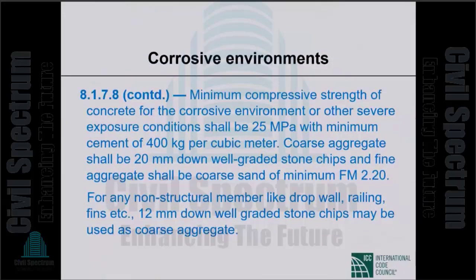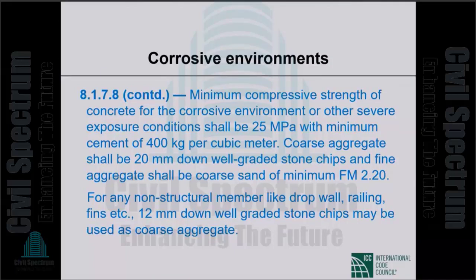And the minimum compressive strength of concrete for corrosive environments goes up to 25 MPa, and minimum cement of 400 kilograms per cubic meter. This is all important stuff for Bangladesh. Corrosive environment, your cover requirement goes up, minimum concrete strength goes up from 20 to 25 MPa, and minimum cement content kicks in at 400 kilogram per cubic meter.